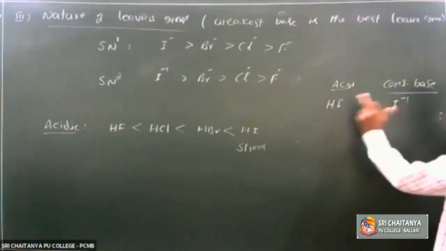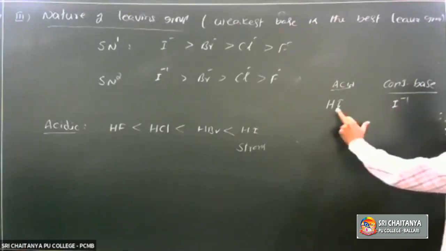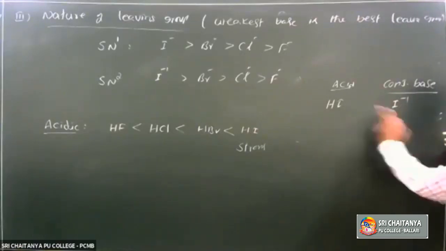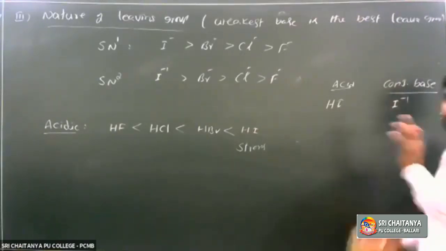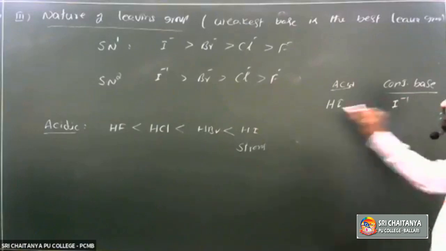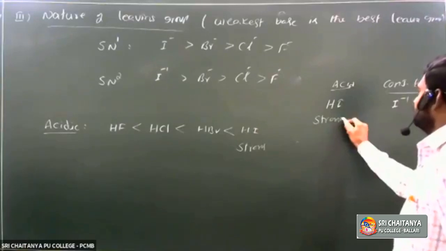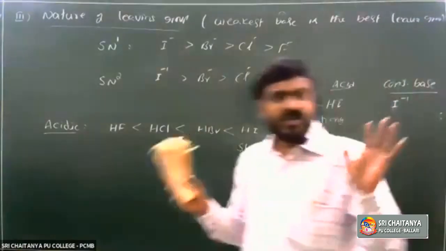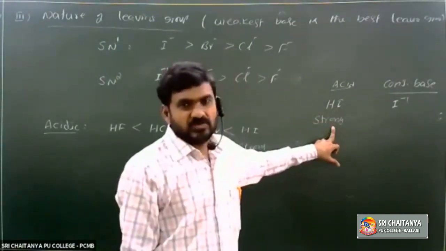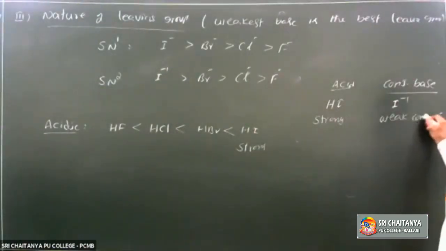The acid donates a proton, and the base can accept a proton. An acid-base pair which differs by a proton is called a conjugate acid-base pair. These two differ by a proton. So HI is a strong acid, and in a conjugate acid-base pair, if the acid is strong, its conjugate base is weak.